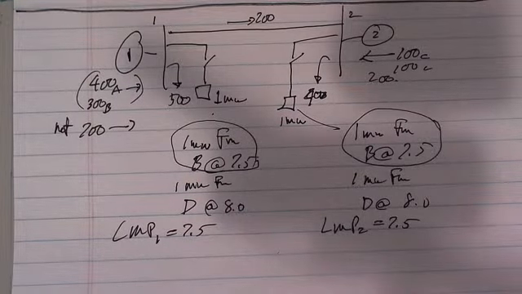Now, we have ignored losses in this thing. When we get to optimal power flow analysis, we're going to find out that these locational prices have to take account of the losses.